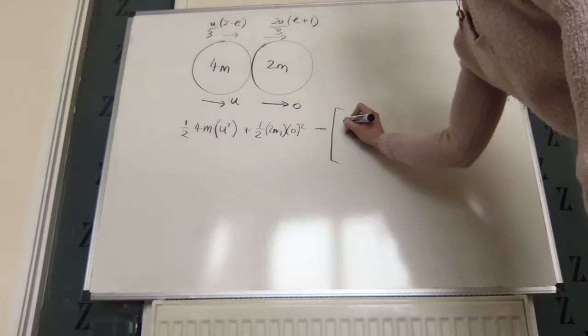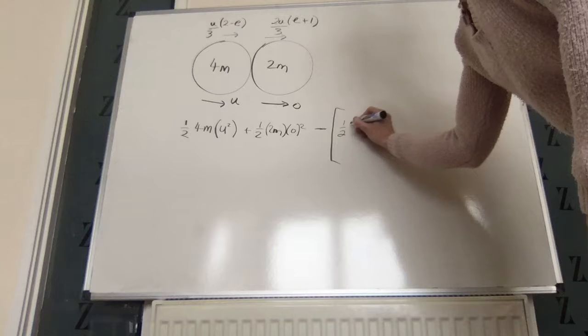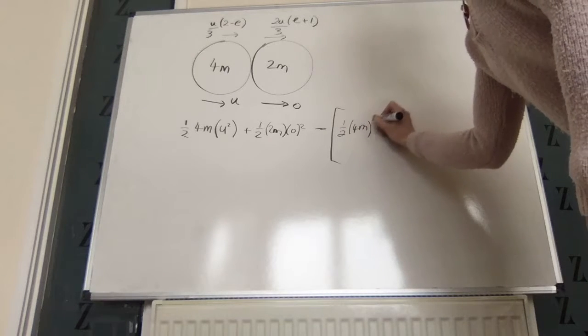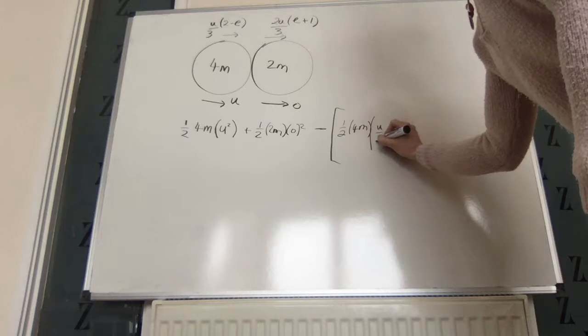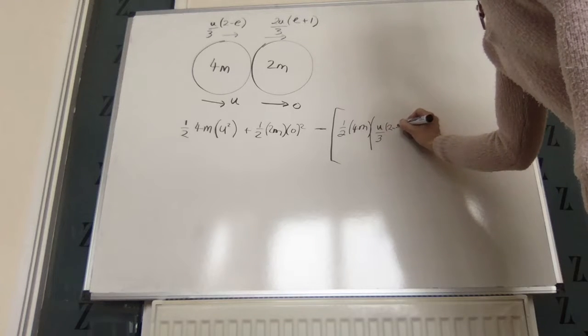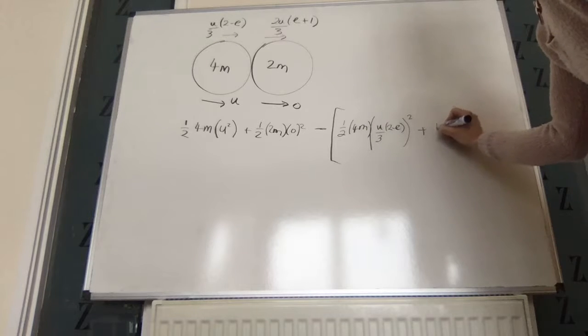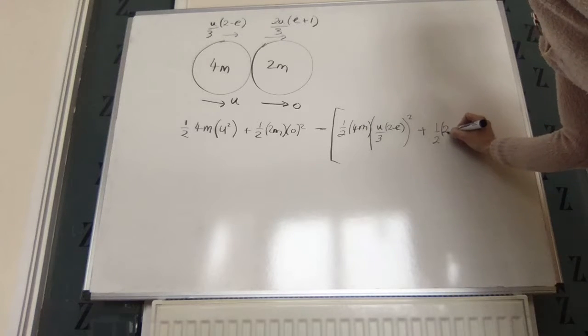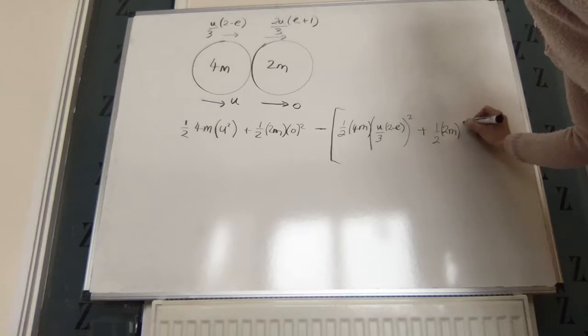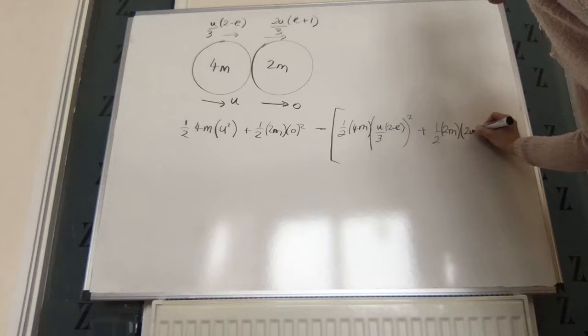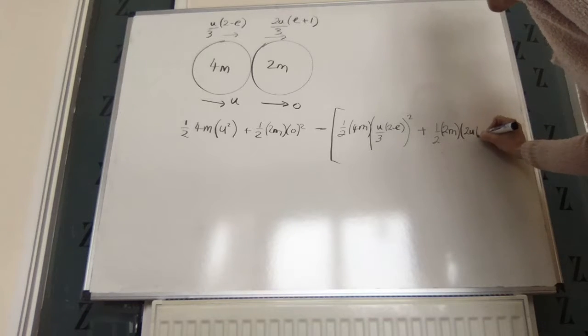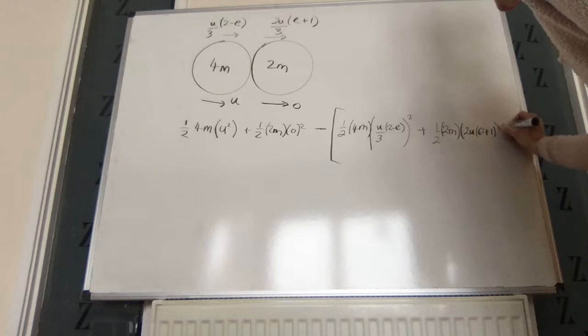The kinetic energy afterwards is a half times 4m times u over 3 times 2 minus e, squared, plus a half times 2m times 2u over 3 times e plus 1, squared.